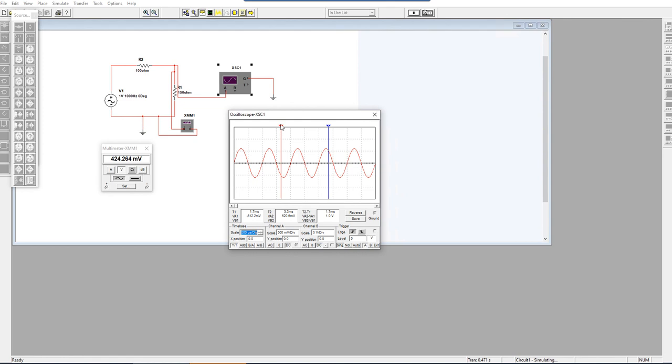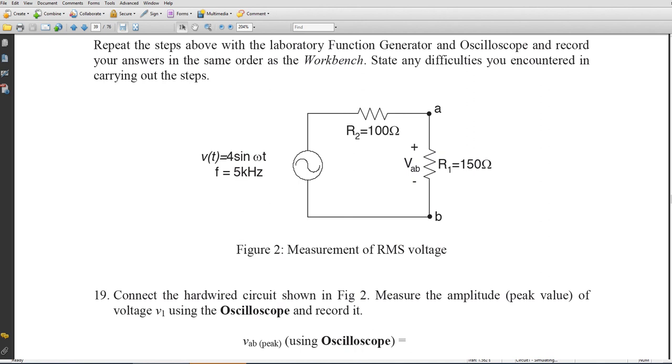First thing I need to do is measure the peak value. The peak is almost 600 millivolts.